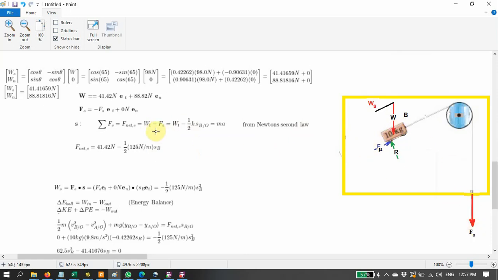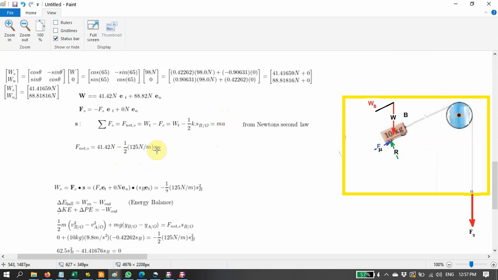So we get this equal to ma, but because the system is at rest, this is 0, right? So from here we can get the value of Fs directly.